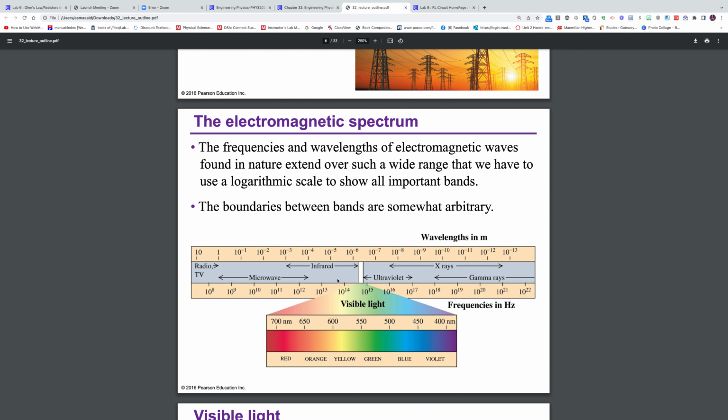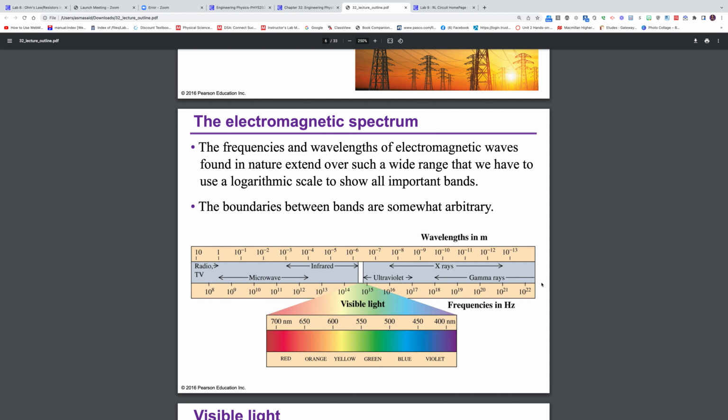It's very important for you to understand that waves that have a long wavelength are going to have low frequencies. Therefore, when we talk about radio waves, these are the ones sitting here. These are very long in wavelength, and in terms of frequency they are in the range of 10 to the 8.